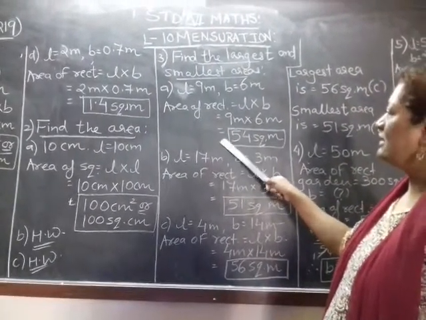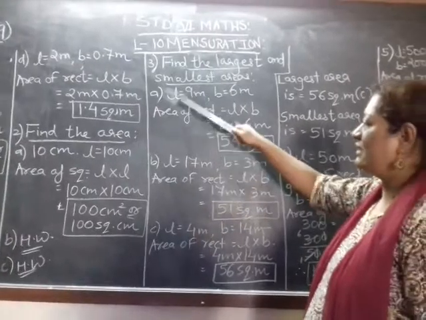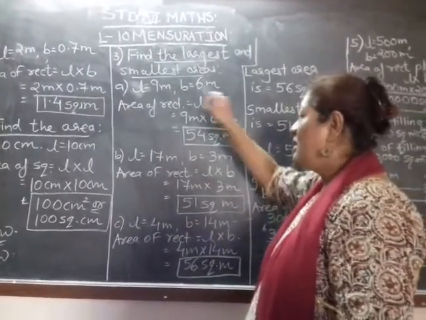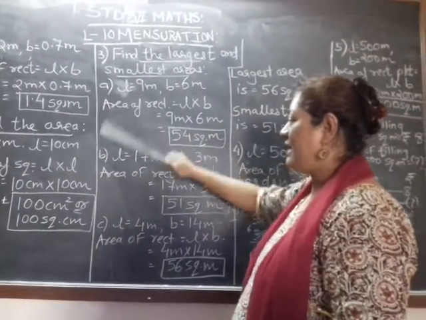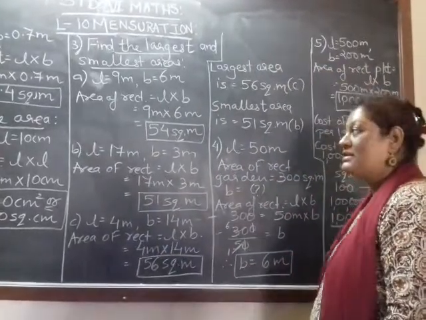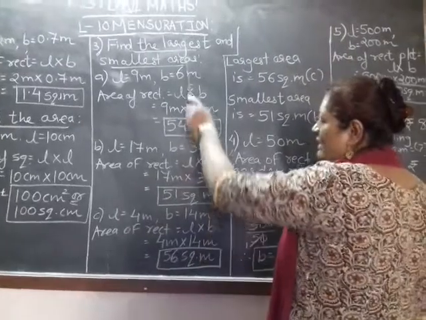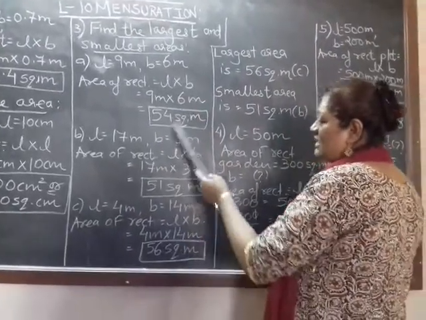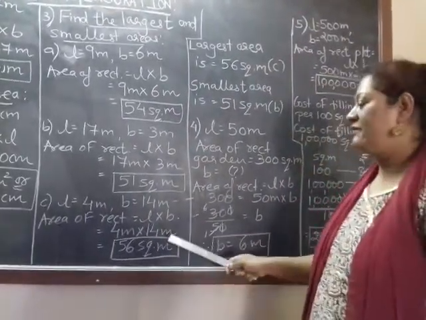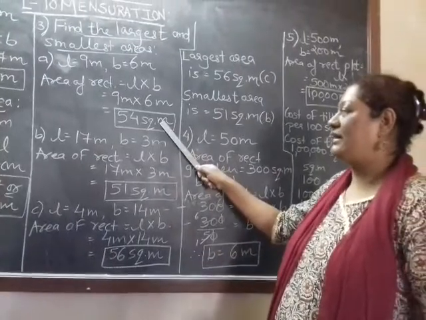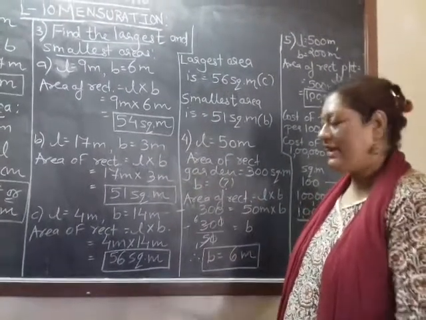Now question number 3, 3 rectangles are given: rectangle A, rectangle B and rectangle C. We have to find the areas of all 3 rectangles and find out which has the largest area and which has the smallest area.